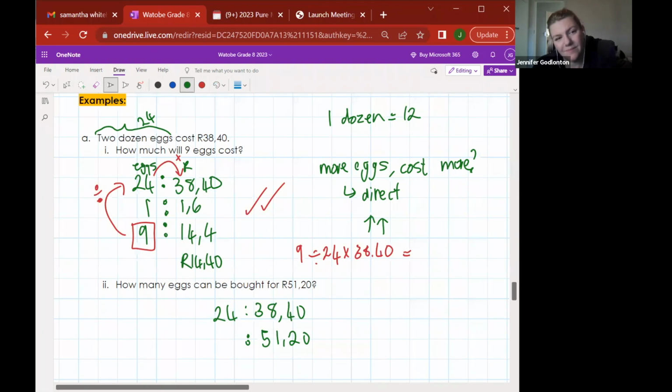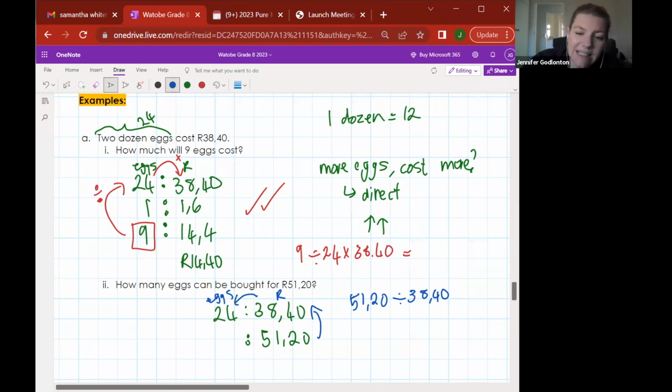Okay, so if we're doing it this way, we just write this under our rands and this under our eggs. So we're going to say 51,20 divided by 38,40. We can do that straight on our calculator. We don't have to do anything fancy, but we love our calculators.